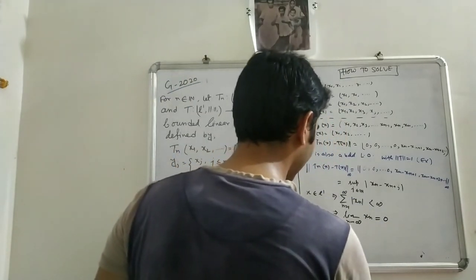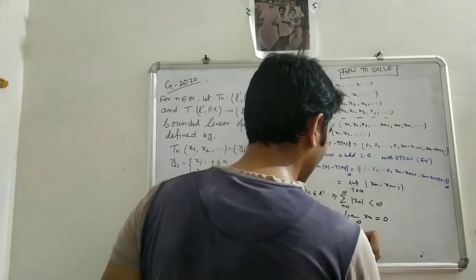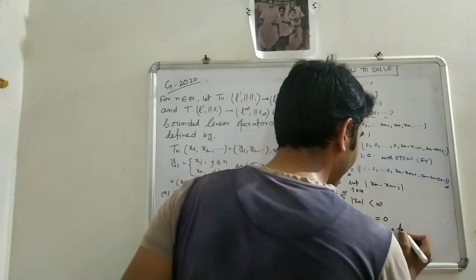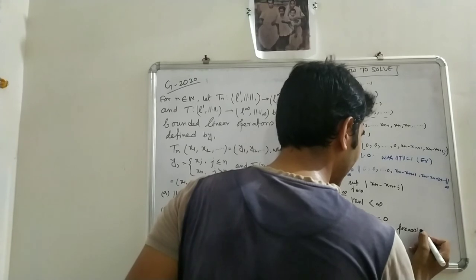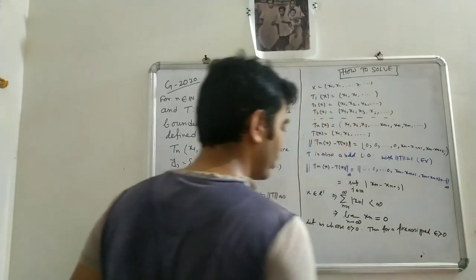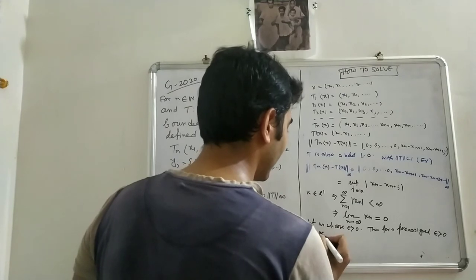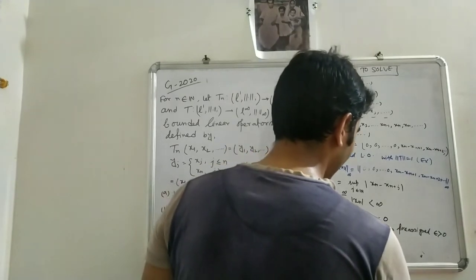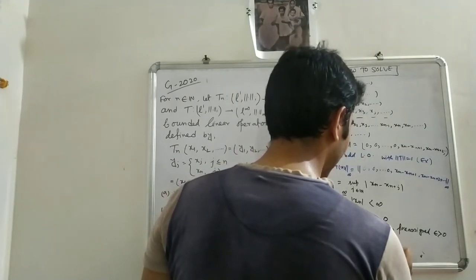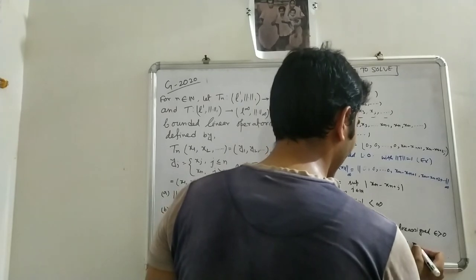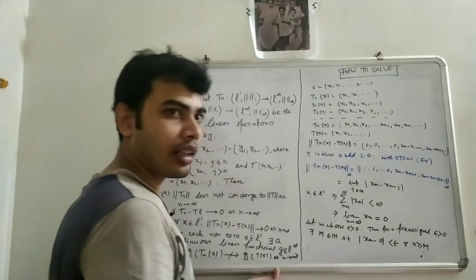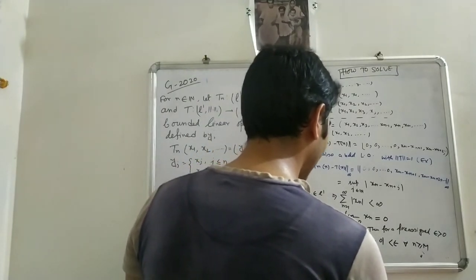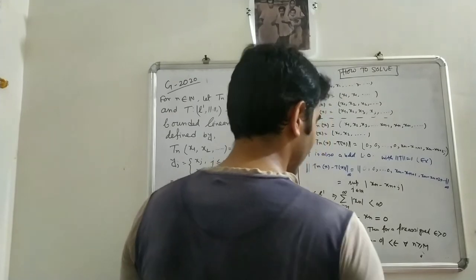So let us choose epsilon greater than 0. Then for a pre-assigned epsilon greater than 0, there exists capital M belongs to N such that modulus of xn minus 0 is less than epsilon for all n greater or equal to M, and n plus j is also greater or equal to M for all j belongs to capital N.